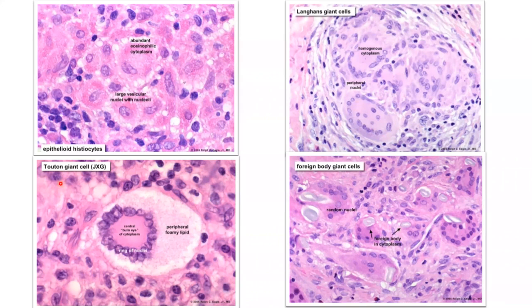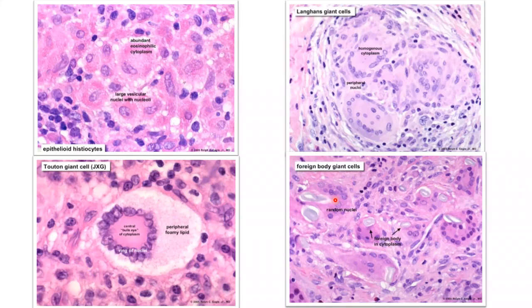This is the two-tone giant cell, which occurs in juvenile xanthogranuloma, in which there is a ring of nuclei separating a central eosinophilic cytoplasm from a peripheral foamy lipid. And this is the foreign body giant cell, in which the nuclei are random. They are irregularly arranged, overlapping over each other, and present in the center.